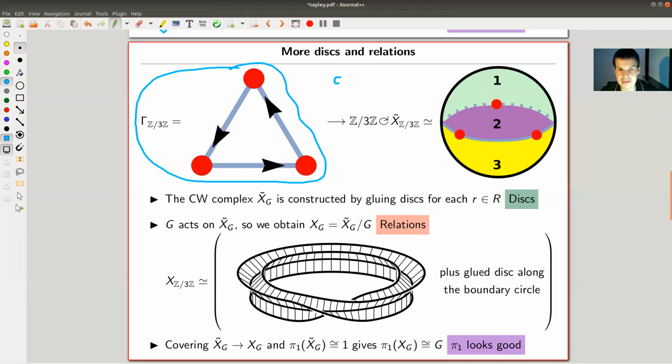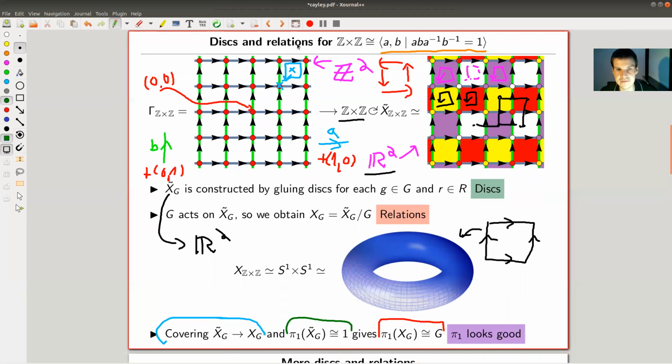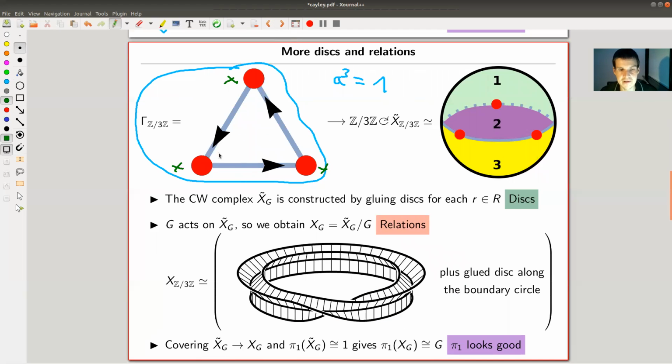Okay, I only had one relation, a cubed equals 1. But I have 3 vertices, 1, 2, 3. And what I did here is for each vertex, I glued in a corresponding disk, and it was the same. So for this vertex, I go around the loop and I glue in a disk. Let's say it's the green one. For the other vertex, I go around a loop and I glue in a disk.